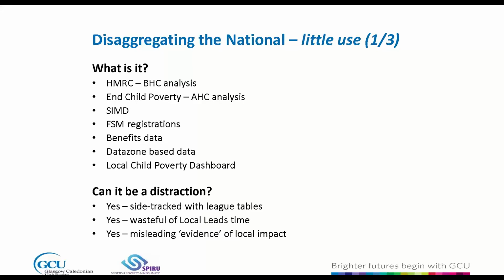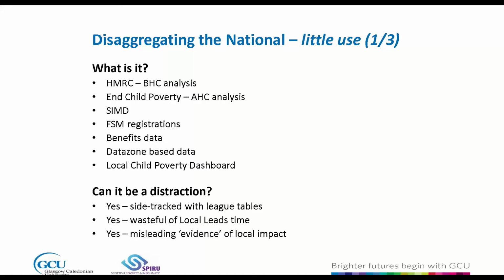But there are a whole set of other national data that can be disaggregated locally as well. Not poverty, but the Scottish Index of Multiple Deprivation gives us a sense of collections of deprivation, again, not poverty, but a concept related to poverty for small areas. Free school meal registrations are reported on each year annually, which gives us a school-based level, as well as being aggregated to the local authority level.